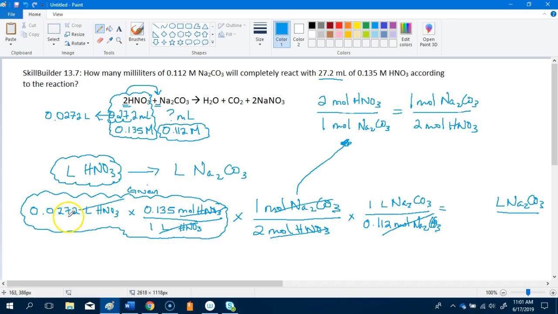So I have 0.0272 times 0.135 times 1 times 1 gives me 0.003672, divided by 1 times 2 times 0.112 gives me 0.224, and then I'll divide those and I get an answer of 0.0164 liters of sodium carbonate, and then I have to multiply this by 1,000 to get my milliliters, and that's the same as moving my decimal to the right 1, 2, 3 places.